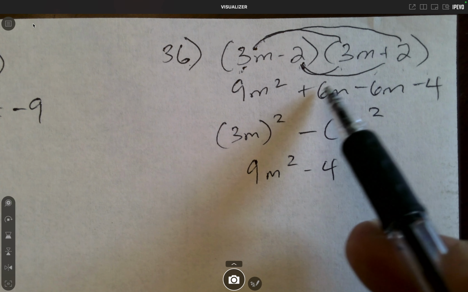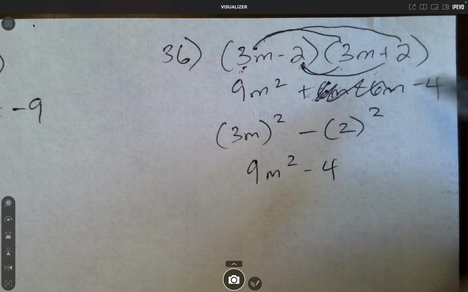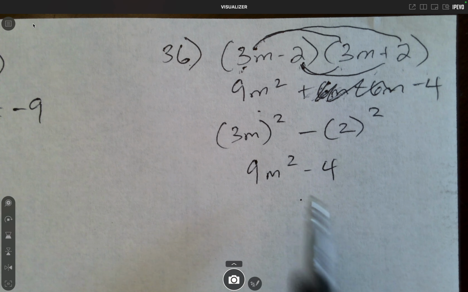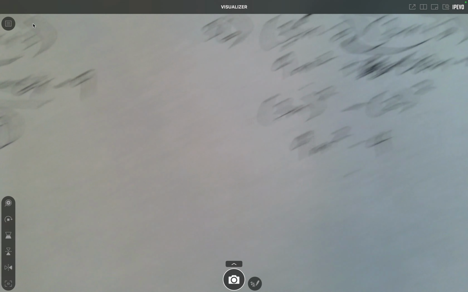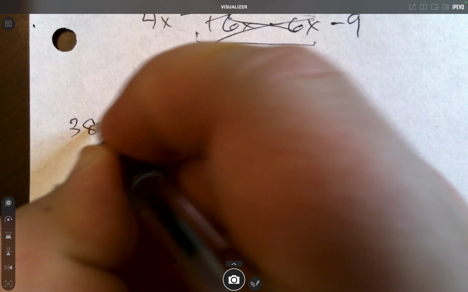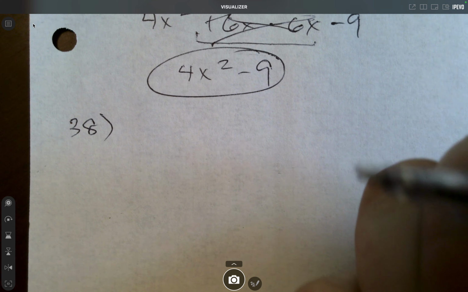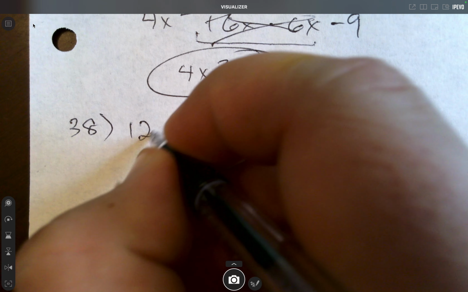And as you can see, these two cancel out, leaving you with just the 9m squared minus 4, which is what we got with the shortcut. But you don't have to remember the shortcut if you choose to just use, sorry, I lost my train of thought. If you just choose to do the FOIL, that's completely fine. No problem at all. 38. We are trying to look for the common denominator here.